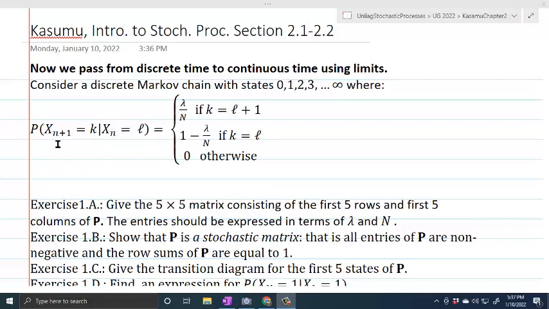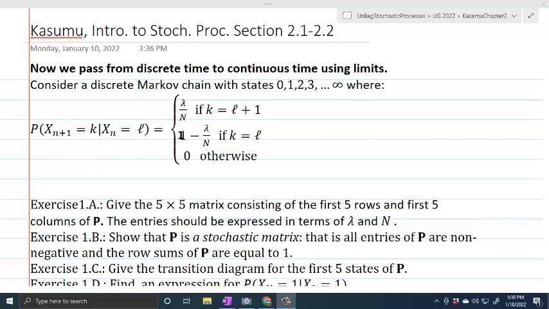At step n plus 1, the probability that xn plus 1 is equal to k depends on the probability that xn is equal to L as follows. If k is 1 more than L, then the probability is lambda over n. Lambda and n are parameters. I will discuss these later.